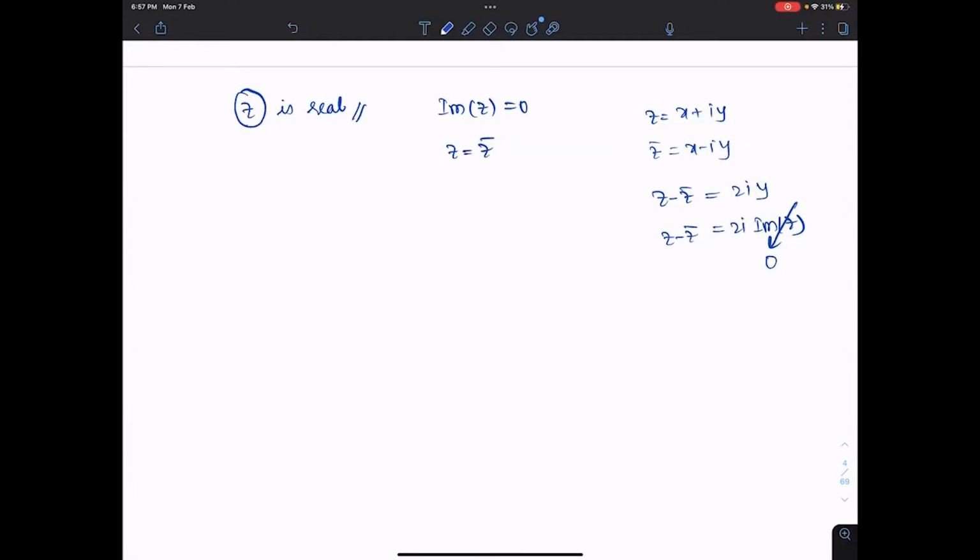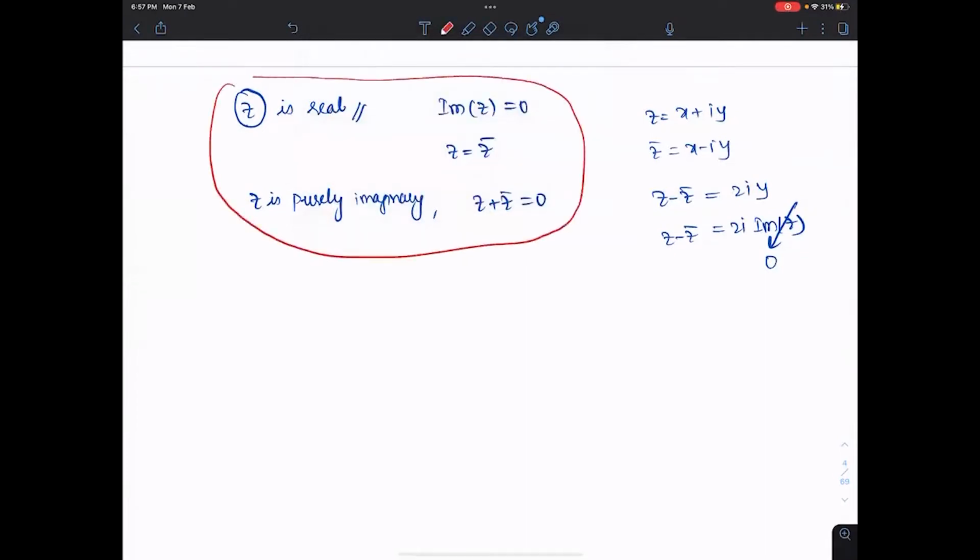If Z is purely imaginary, then you have to apply the condition Z plus Z bar must be 0. Real part must be 0. So remember these two conditions, guys. If Z is real, then you have to apply the condition Z equals Z bar. Then some conjugate properties are there; using that, you have to solve the question.